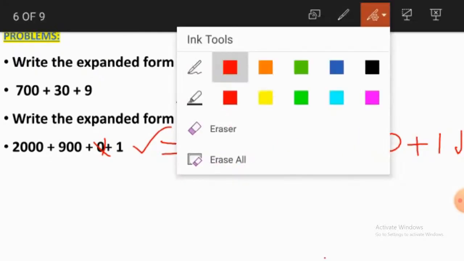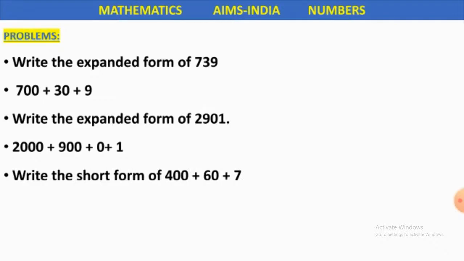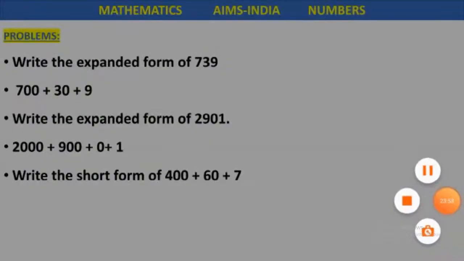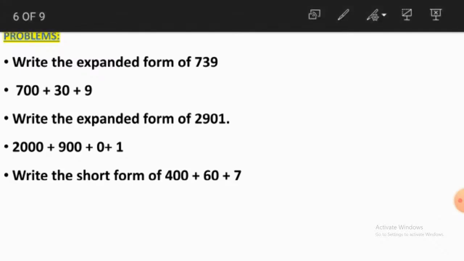Coming to the next question. Next question is of short form. Write the short form of 400 plus 60 plus 7. Start, children, start solving. It's a very easy question, right?